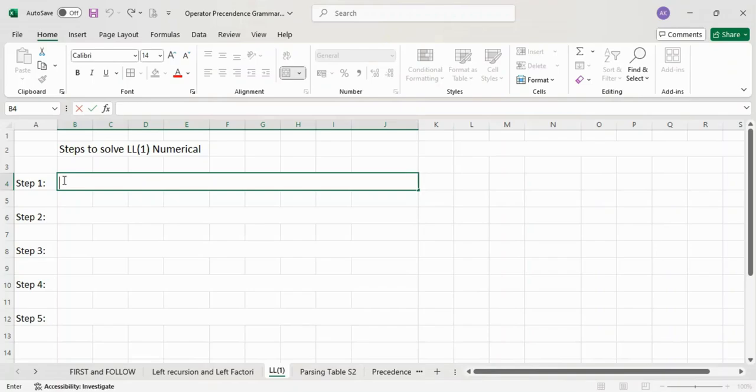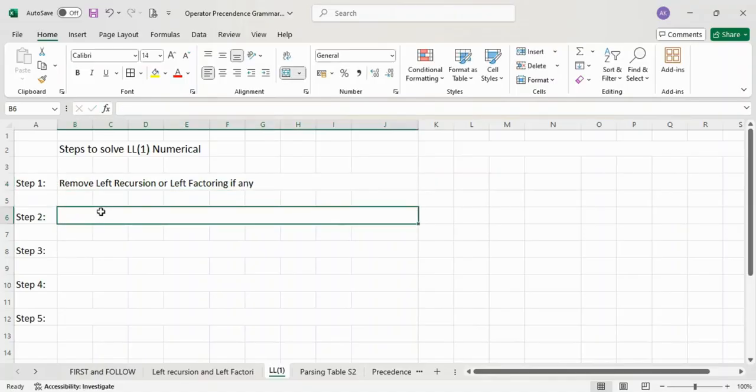The first step is to remove left recursion or left factoring, if any. That is, if the given grammar has any left recursion or any left factoring, then we need to remove it. Then the next step is to calculate first and follow.